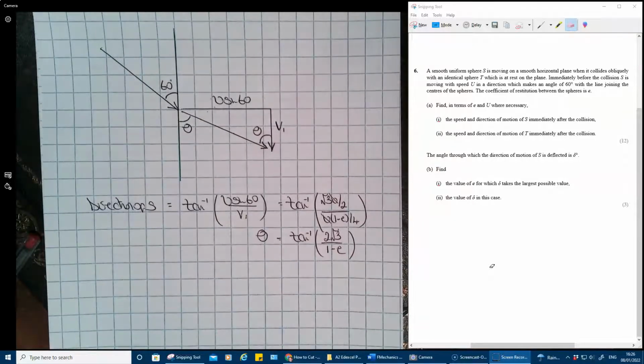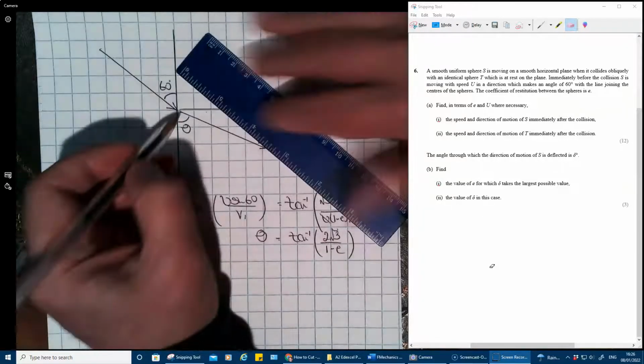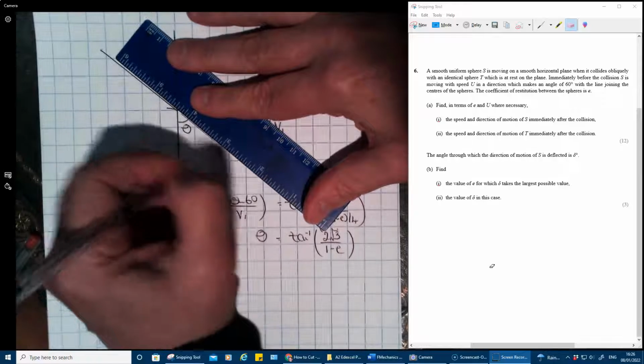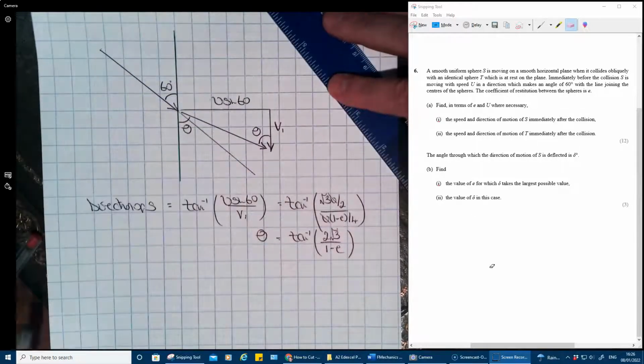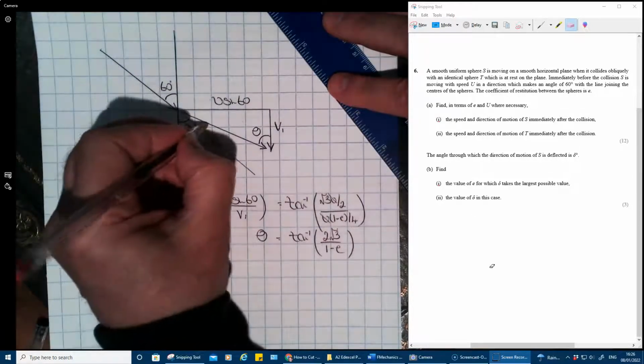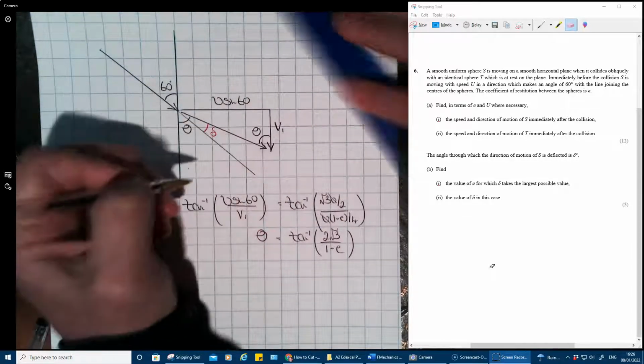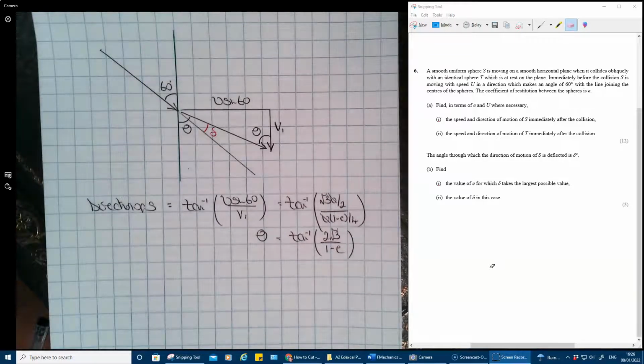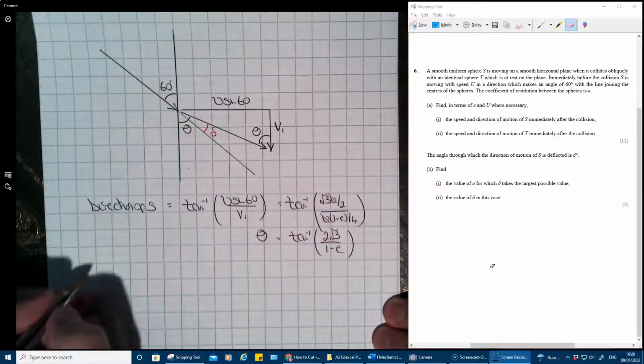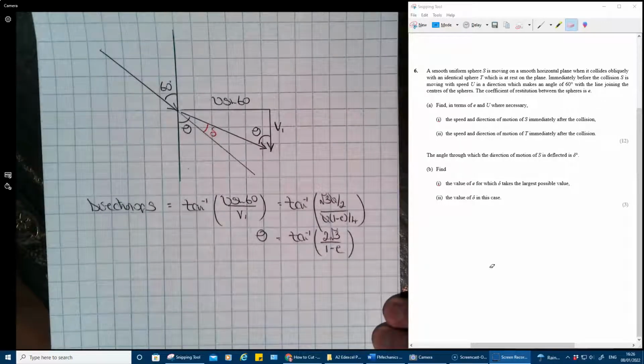Alright, so now we're looking for delta, the angle of deflection. It would have carried on in this direction here if there'd been no impact. So that delta is this angle here. Okay, right, so we want the largest delta.